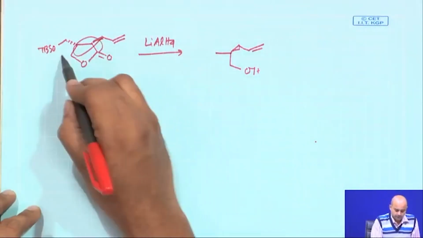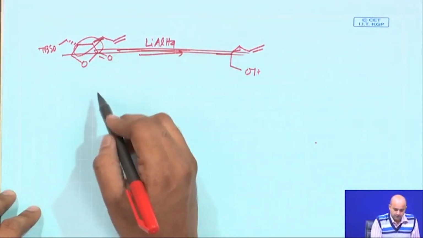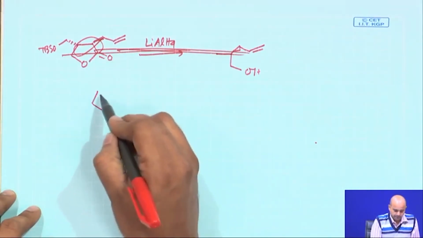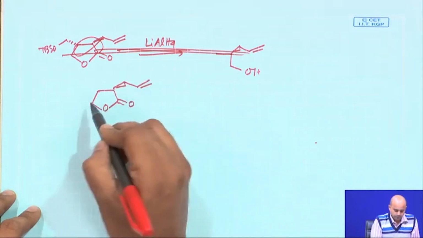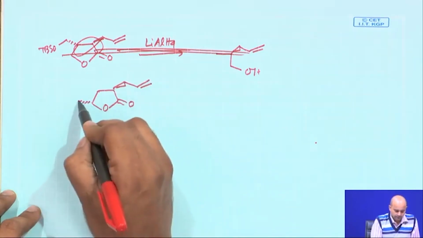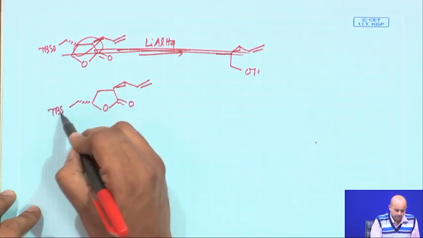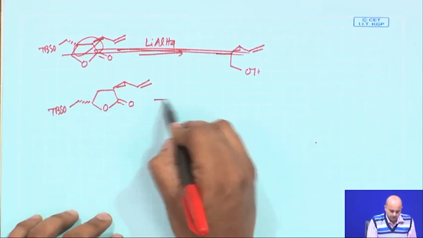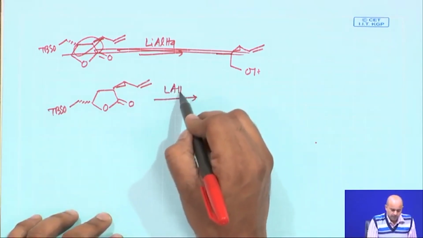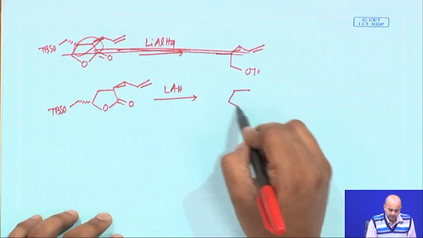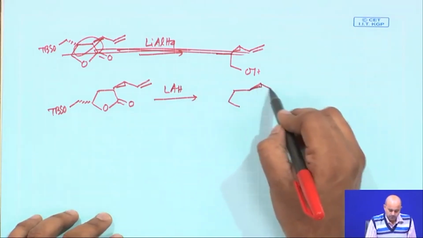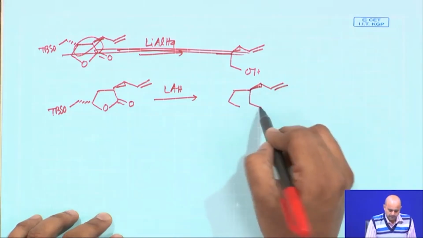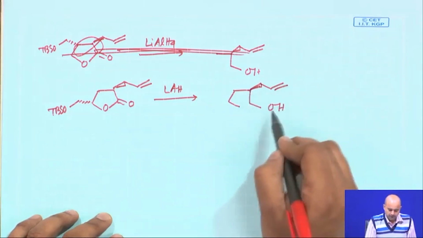So, now this starting material is okay, we will just draw the starting material again, and then we will find the starting material was this one, and you have this TBS here. So, do a lithium aluminum hydride reduction, and then you will find that this allylic group will be there, and you have this primary hydroxy.